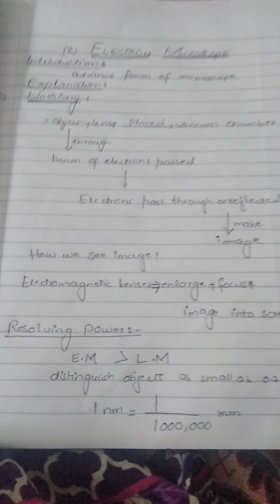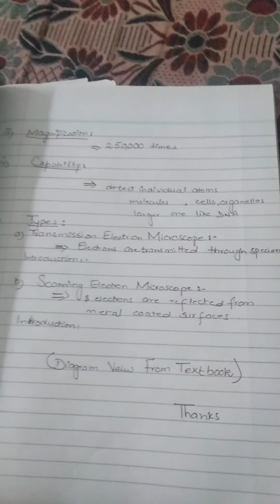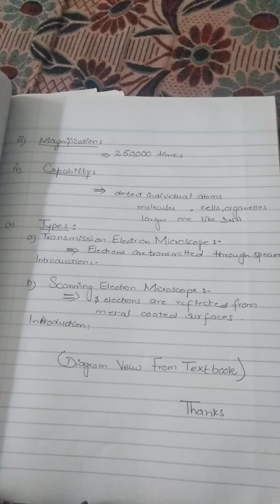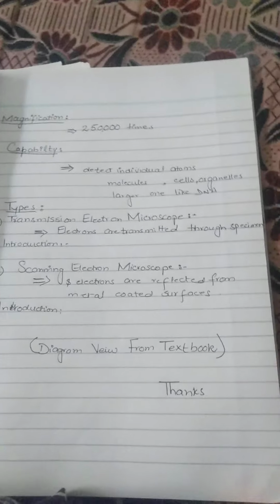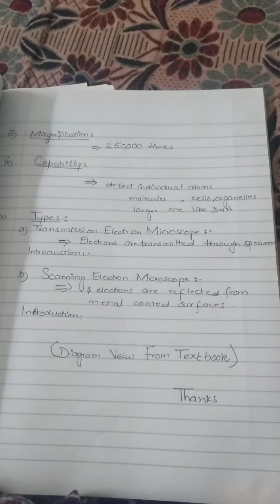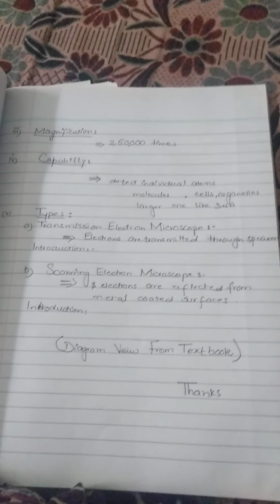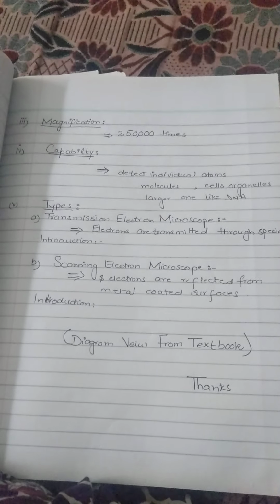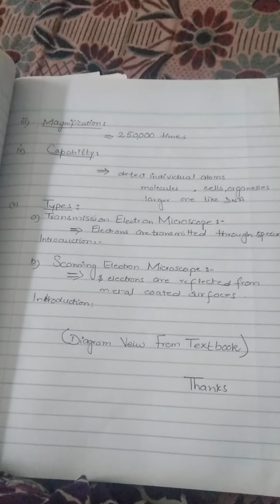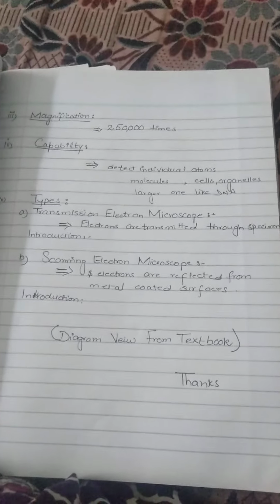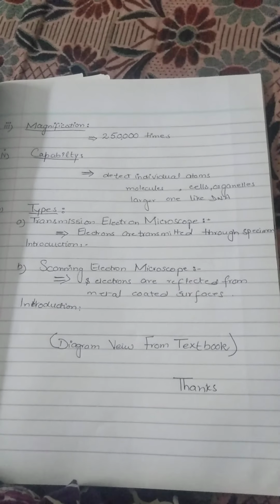Then we have its magnification. We have capability of EM. EM can detect individual atoms, cells, organelles, and other molecules like DNA and proteins, which are much larger than single atoms.